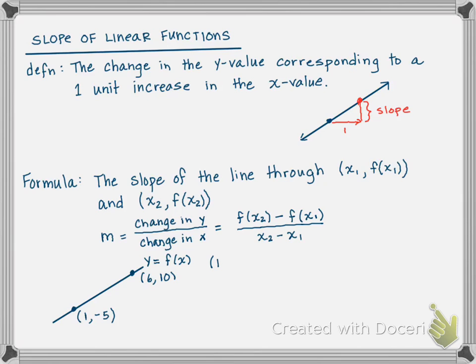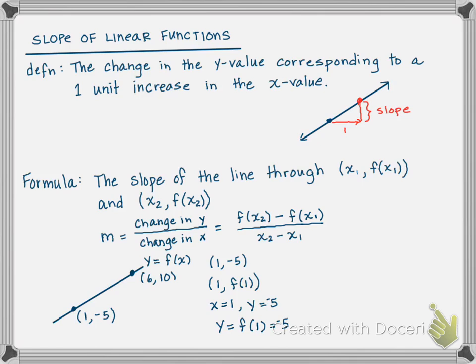I can write it as 1, -5. I can say this is 1, f of 1. I can say x equals 1 and y equals -5. Like, all of those things mean the same thing. And y is equal to f of 1, which is equal to -5. So the number is -5.